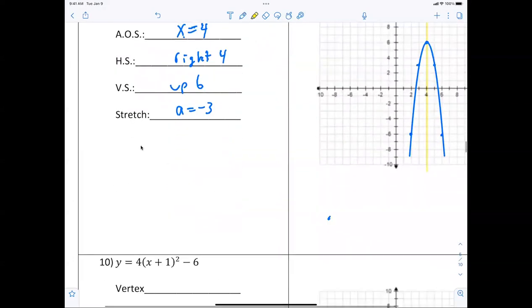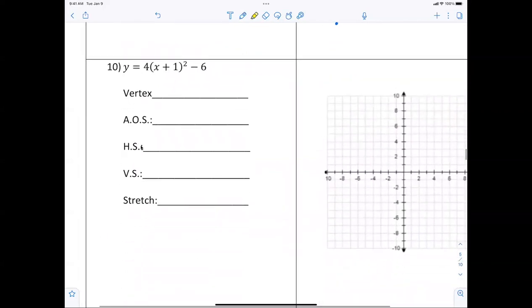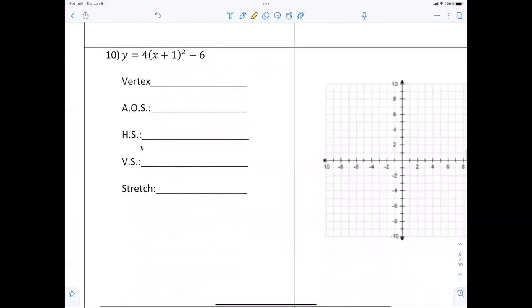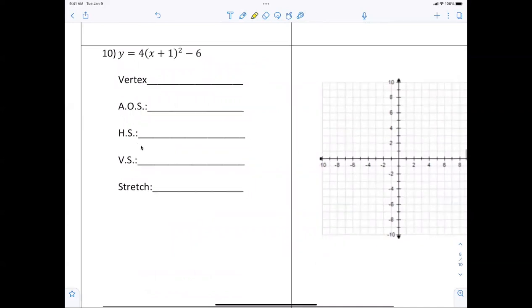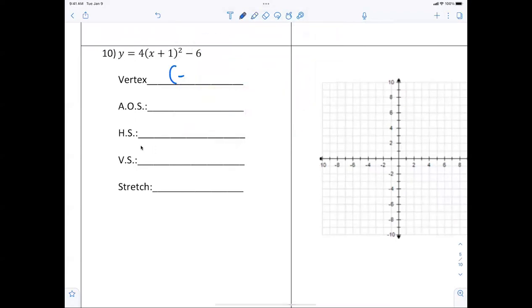All right, so number 10. Tell me the vertex. Negative 1, negative 6. And the axis of symmetry is x equals negative 1. Horizontally we'll go left 1, and then down 6.